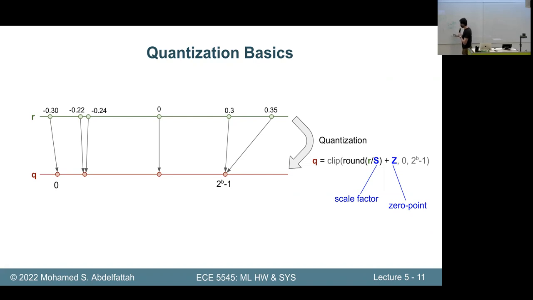That stands for 0, 0, 0, 0, all the way to 1, 1, 1, 1. And that's my quantized range. So I need to clip if I go over that range. For all of these real values, I'm dividing them by a scale factor and adding them to a 0 point. And that's general quantization from real values to quantized values.